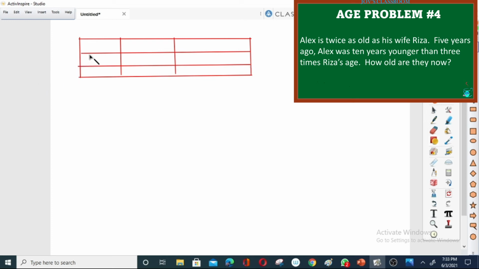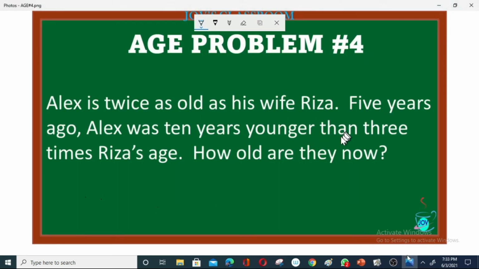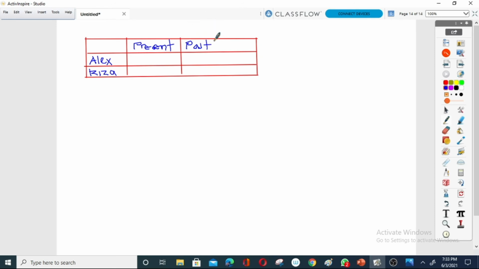So we have Alex and we have Risa. Again, their present age and past age. Past because in the problem, 5 years ago. That means this is subtract.